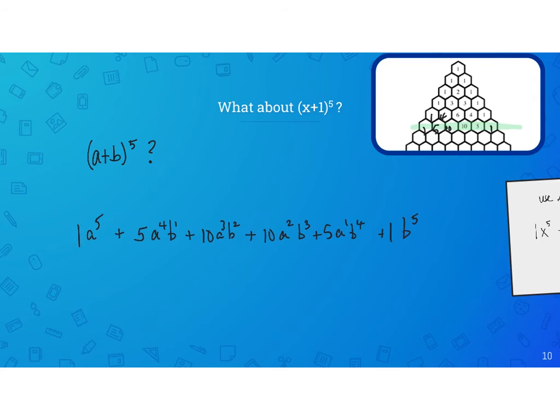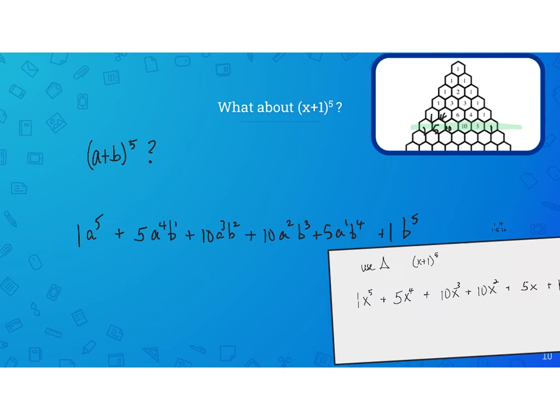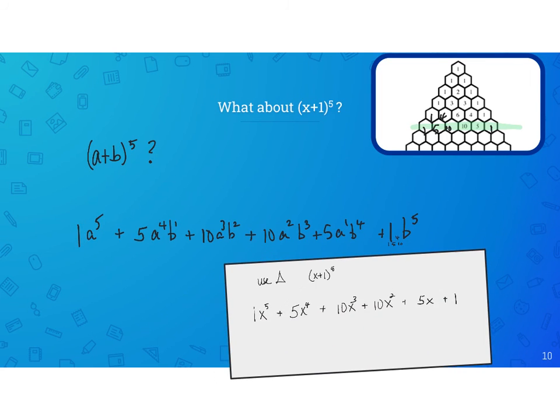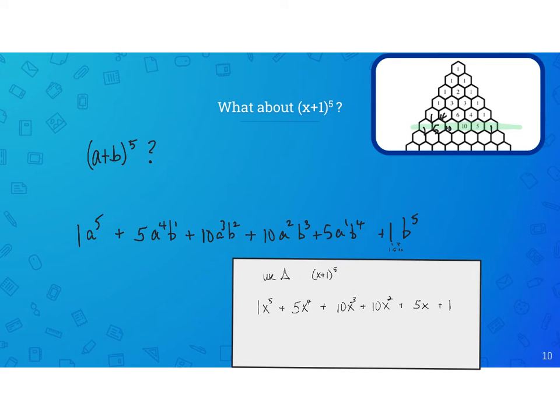And again, I did (x plus 1) to the exponent 5 over here so you can compare. And you can see, I'll use some highlighter here, the 1, the 5, the 10, the 10, the 5, the 1. Similarly, here 1, 5, 10, 10, 5, 1, which we planned anyway, but this is correct.